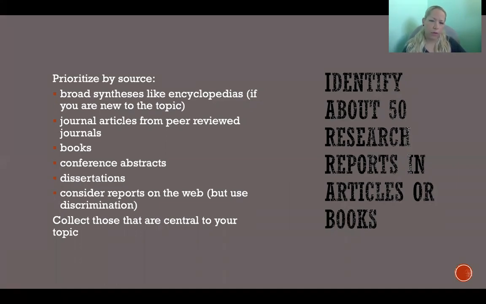So you might want to start with a broad synthesis like an encyclopedia, if it's something that you're very new to. If you are trying to study something that you just don't know much about to begin with, then you need to start with some foundational information so that you have a foundation to work from and understand the rest of the literature that you're going to read about that topic.